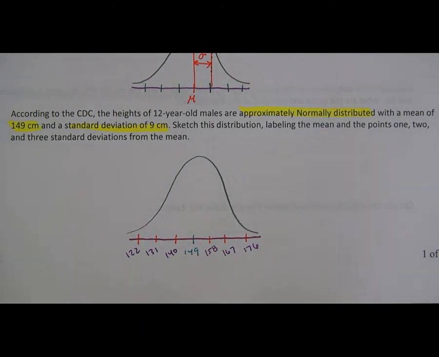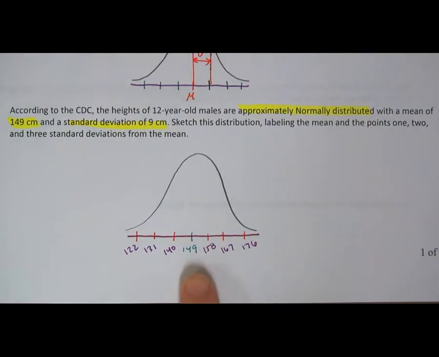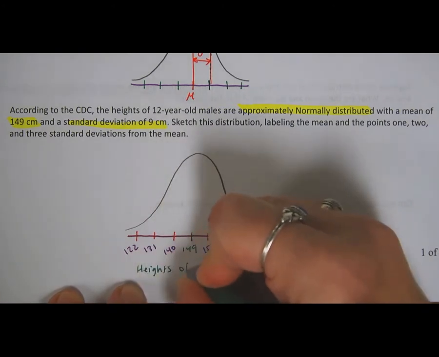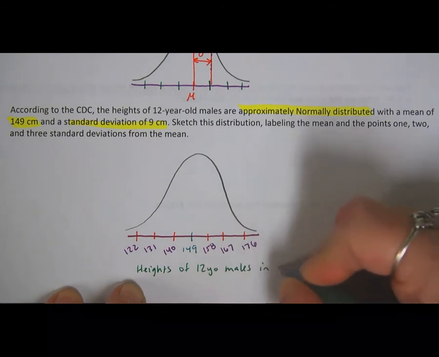Very good, except I'm missing something pretty critical on my graph. These are the points 1, 2, and 3 standard deviations away. I've got that. What would you need on any graph that you draw for the AP exam? You need to label it, you need to title that axis. What are we showing? Well, we're showing the distribution of heights of 12-year-old males, specifically in centimeters.